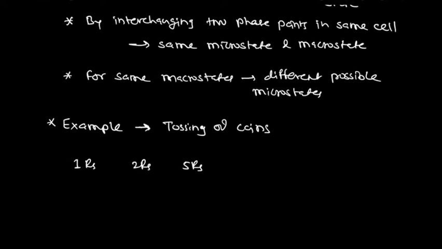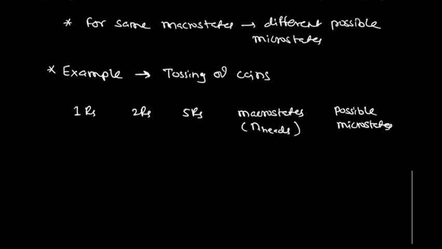Now these possible outcomes we count for the 3 coins and we measure the corresponding macrostate of getting heads. That macrostate is related to number, hence we write n for getting heads, and what are the possible microstates corresponding to that macrostate.